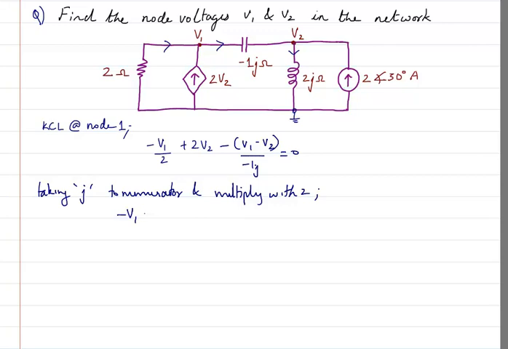Then we will be having plus 4V2, and since this will go from denominator to numerator, this will be plus j multiplied with 2, so plus 2j V1 and minus 2j V2. Okay, and that will give us this value as 0.